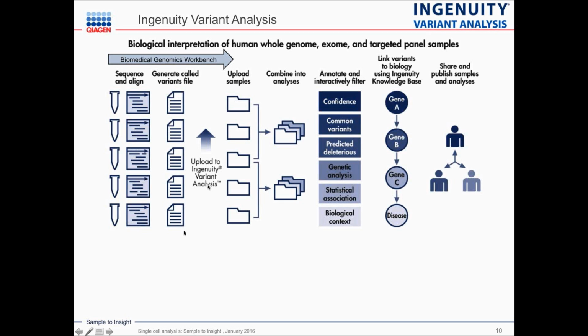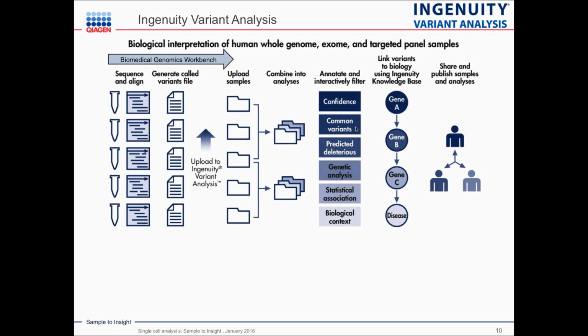And then once you've uploaded those into Variant Analysis, you're able to put that through a cascade of additional filters that will allow you to identify those that you have higher confidence in, and remove those variants that you may not be interested in because they are common, such as those that are present in dbSNP or in our allele frequency database, which we are curating.